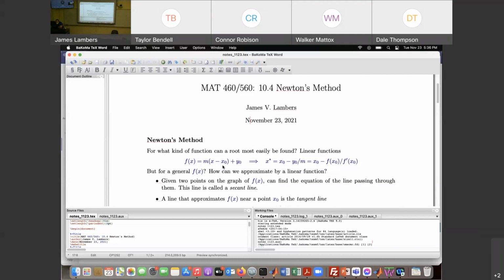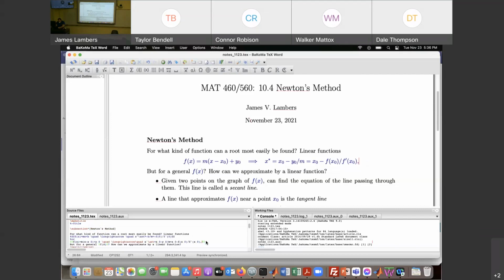And here we have a line that's passing through some point x naught, y naught, where actually y naught would be f of x naught. So I'll just make that clear here. All right.